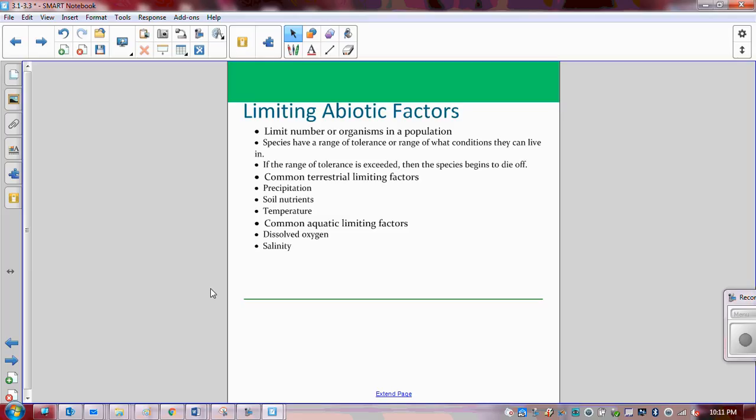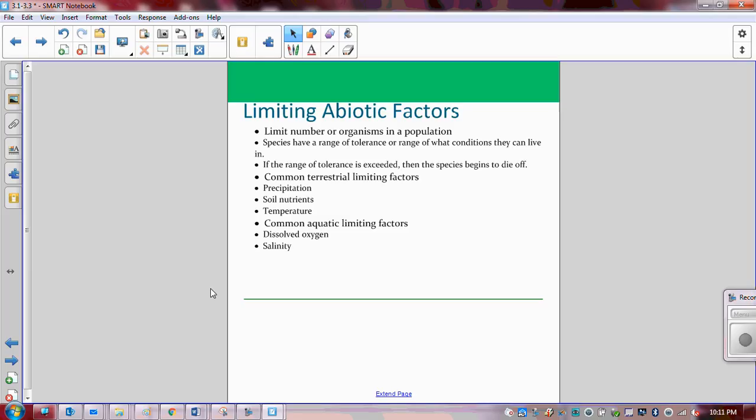So we talked a little bit in a previous lesson about the range of tolerance with pH. We said that there's certain conditions, there's only a certain pH level that certain organisms can live within. And it's more than just pH. There are conditions just in general.